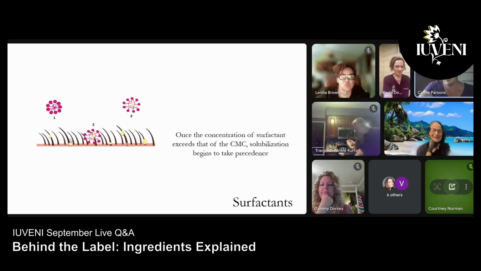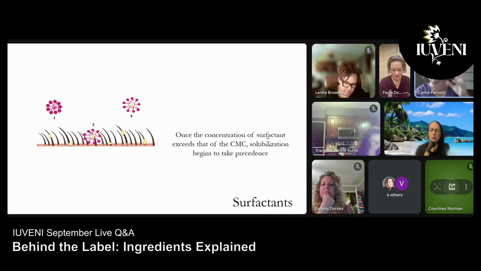The thing you have to be careful with of sulfates is once the concentration exceeds that of the CMC, then it will start to break down all lipids, even the small ones, and pull them off. Those of us who have really thin, fine hair, we don't have hair, we have feathers.